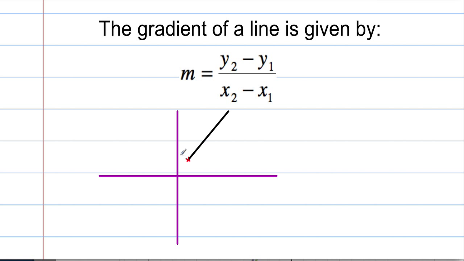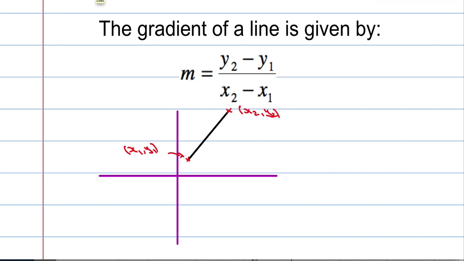If I was to call this point here x1, y1, and call this point here x2, y2, how might I work out the gradient?